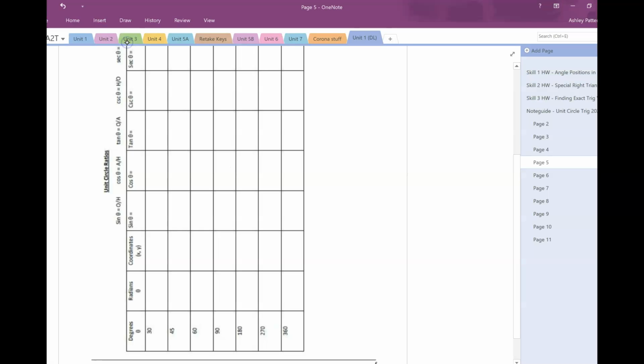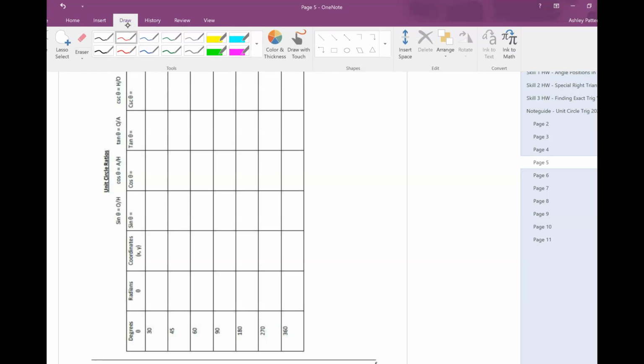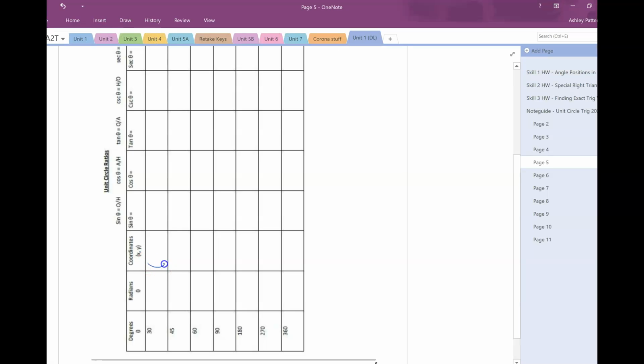So for 30 degrees, we know that the coordinate is, oh, and it's not red. I needed blue. We know that the coordinate is going to be, from our unit circle, rad 3 over 2, comma, 1/2. So that means that the sine is 1/2 of 30 degrees. The cosine is rad 3 over 2, and so forth.